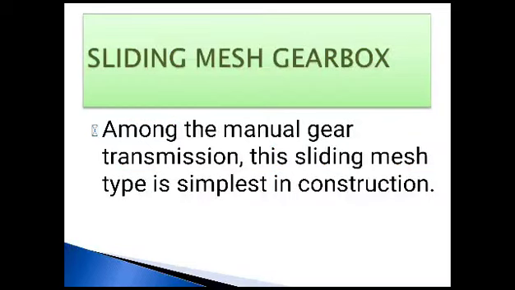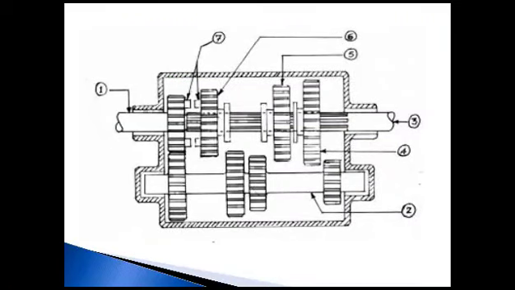The first is the sliding mesh gearbox. The sliding mesh gearbox is the simplest construction and the basic gearbox used during the introduction of gearboxes. This is a schematic representation of the gearbox. When the driver adjusts the gear lever to engage the gear, the gear on the output shaft will slide through the splines and get meshed with the lay shaft gears.